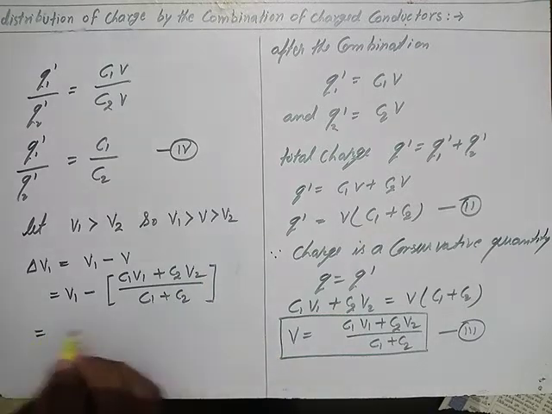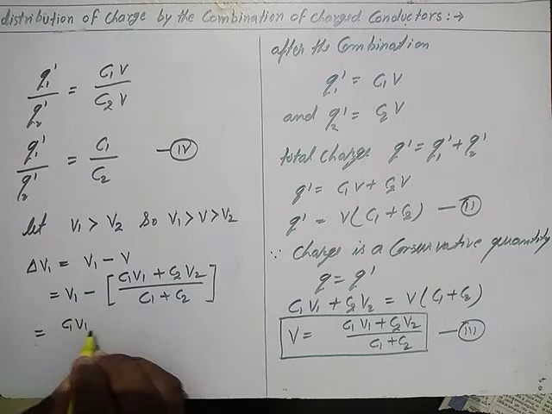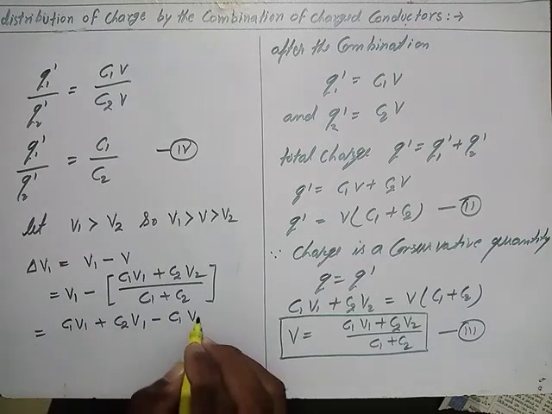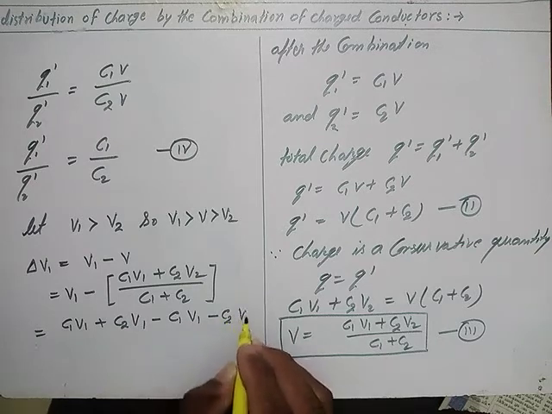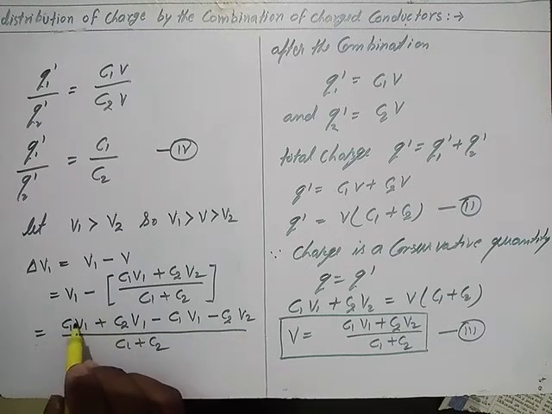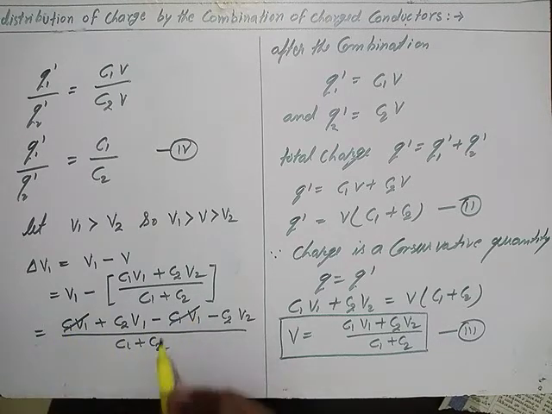Let me solve it. If we solve it, we will find C1 V1 plus C2 V1 minus C1 V1 minus C2 V2 divided by C1 plus C2. Here C1 V1 is common with opposite sign, so they will cancel each other.